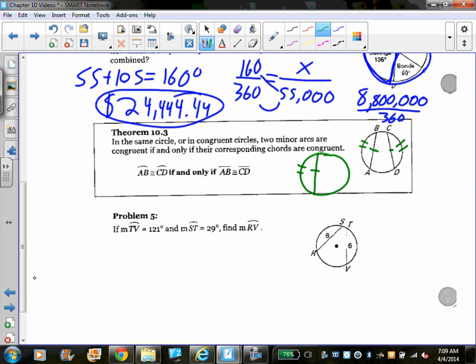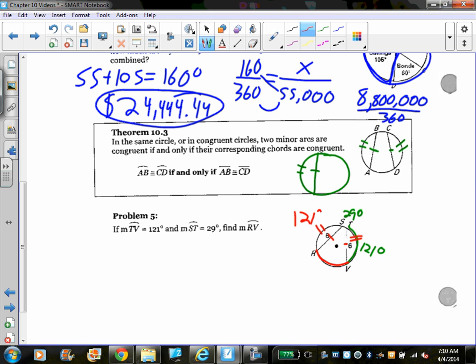So, in this example, problem 5, if the measure of TV is 121 degrees, and we're told that ST is 29 degrees, we need to find RV. We are looking for the one I'm about to label in red. Since we know this is one circle and this length is the same as this length, this being 121 will also mean this is 121.